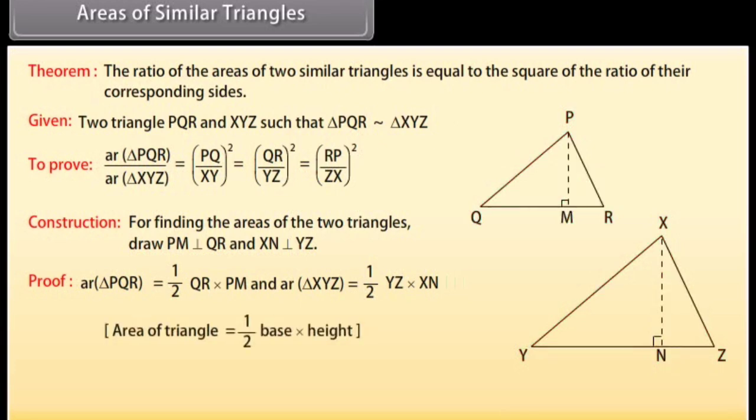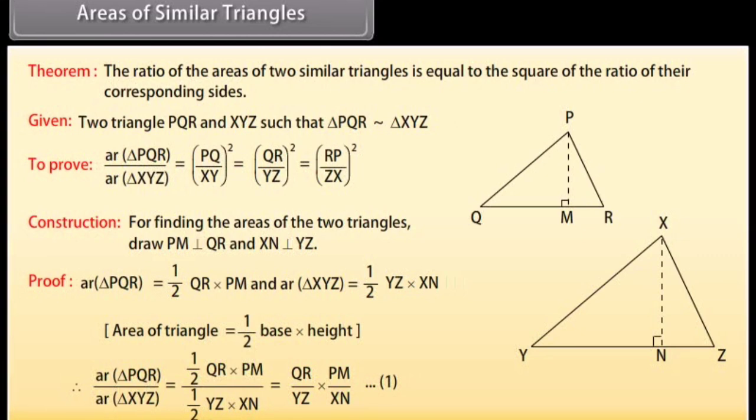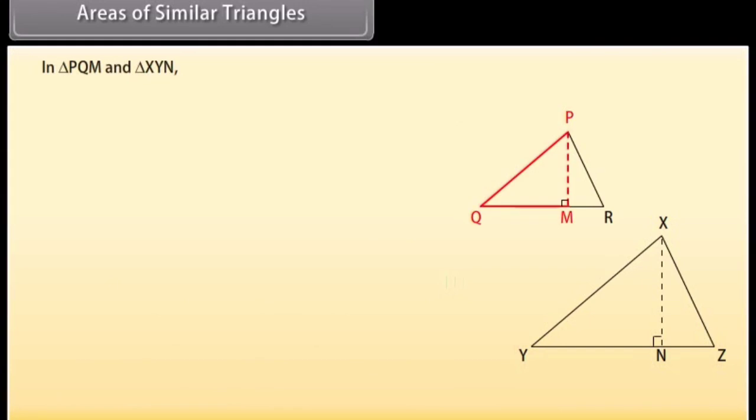Area of triangle is equal to 1 by 2 into base into height. Therefore, area of triangle PQR upon area of triangle XYZ equals QR upon YZ into PM upon XN. Mark it as 1.